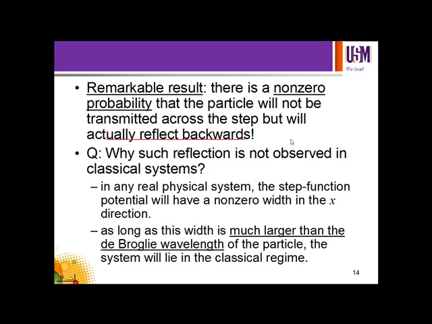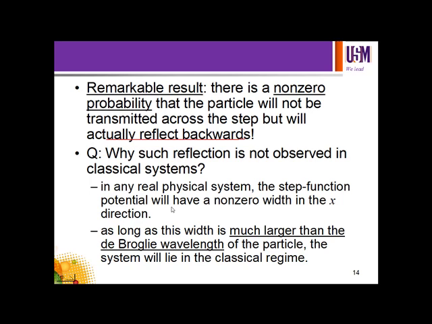In any real physical system, the step function potential will have a non-zero width in the x direction. Of course, when we draw the diagram of the step potential, we expect that V naught will continue to infinity. As long as this width is much larger than the de Broglie wavelength of the particle, the system will lie in the classical regime.